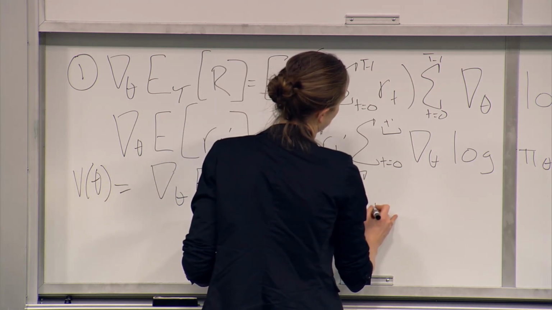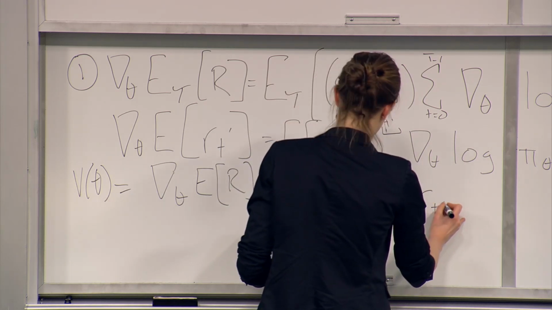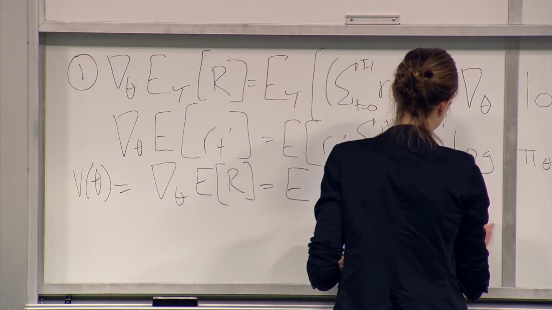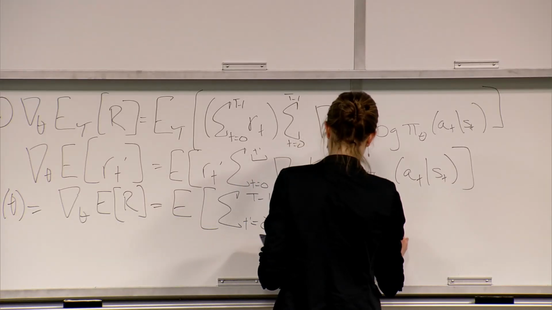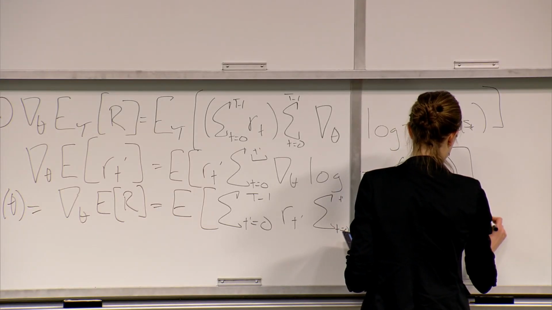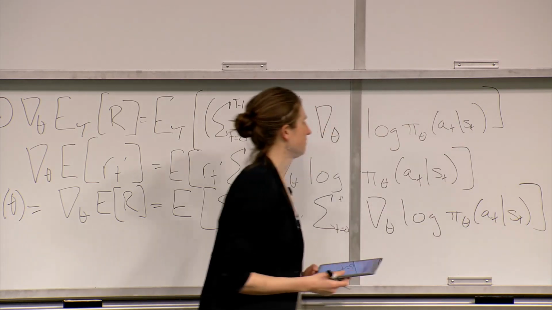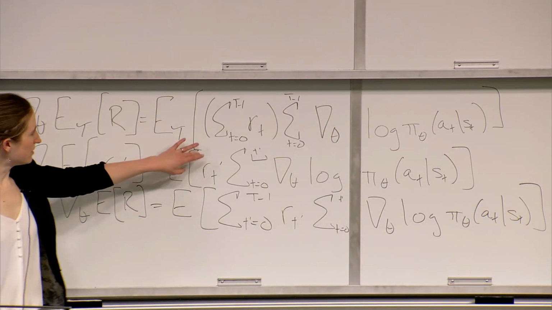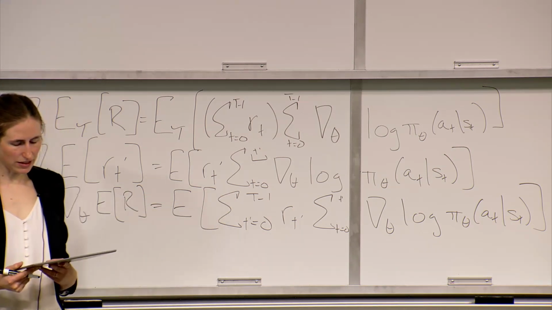So I'm going to sum over t prime equal to 0 to t minus 1 of r_t prime, and then insert that second expression. So all I did is I put that in there and I summed over t prime equal to 0 all the way up to t minus 1.